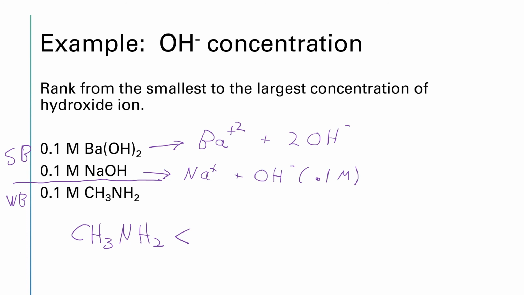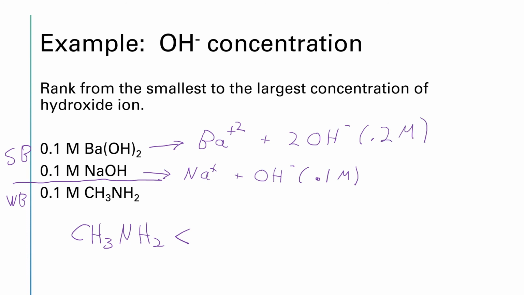For every one car, how many windshield wipers are you going to get? We've got to double the number of cars to get the number of windshield wipers, and that's what's going on here. If our stated concentration is 0.1 molar barium hydroxide, then for every one barium hydroxide, we're going to get 2 hydroxide ions, so the concentration of hydroxide ion will be 0.2 molar.